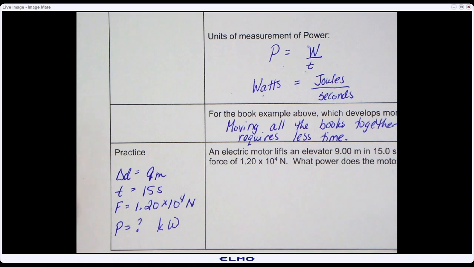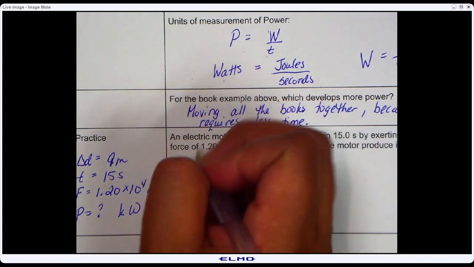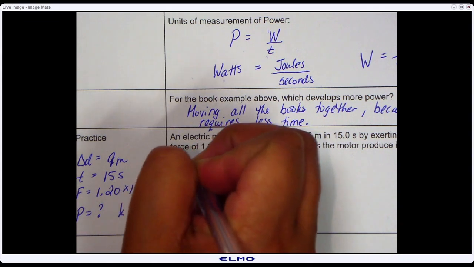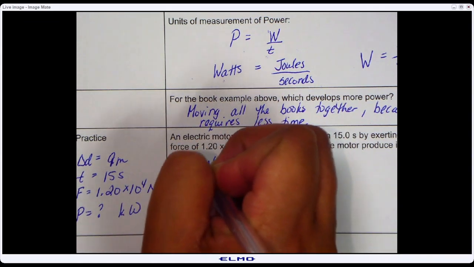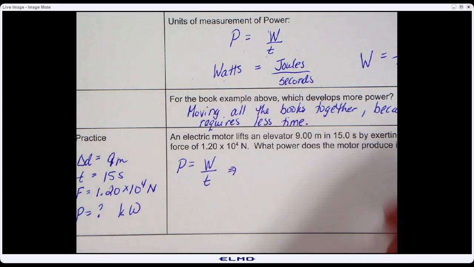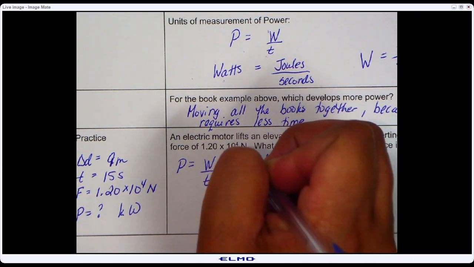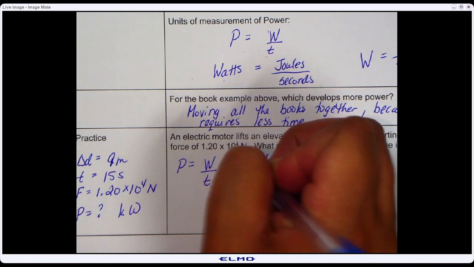Okay, so what equation are we using? Power equals what? Your work divided by time. And work is what? That's your force times your displacement, right? Divided by time.